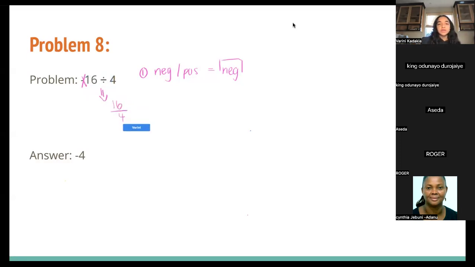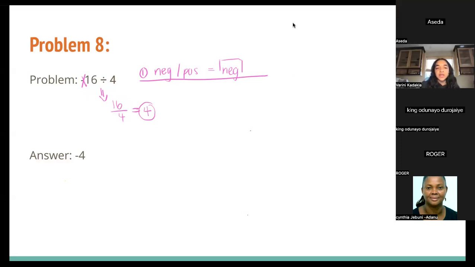So this gives us 4, right? But that can't be our answer because we know that our answer has to be negative from the rule we have, right? So because we know the answer is negative, we're just going to put a negative over here.